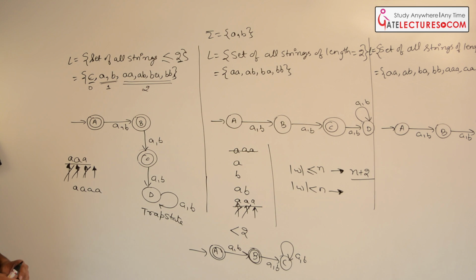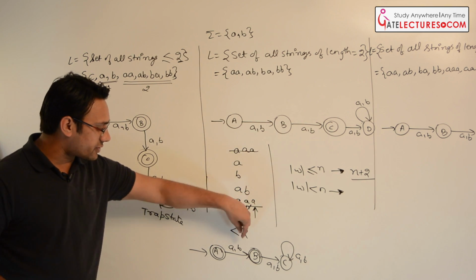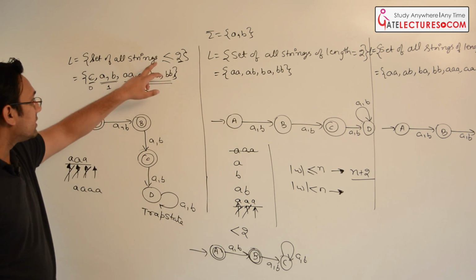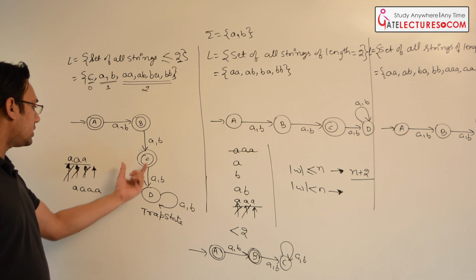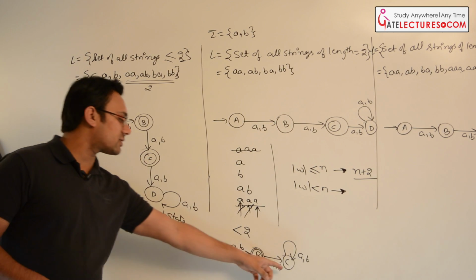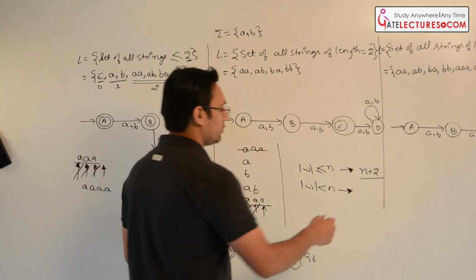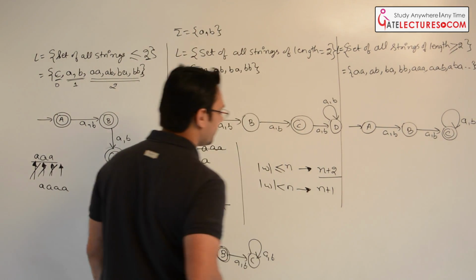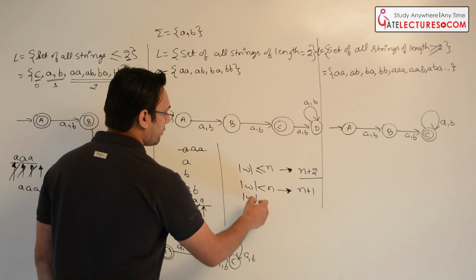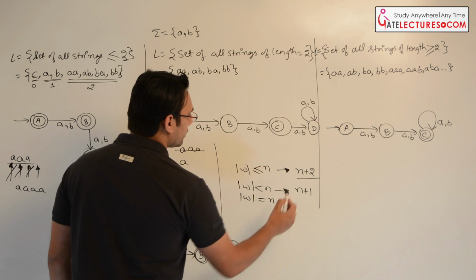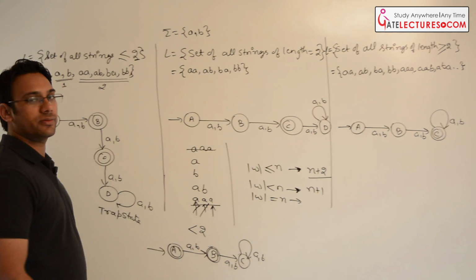So here if the length is less than 2, the number of states is 3. If the length is less than or equal to 2, then the number of states is 4, because here this state will also be a final state, but both the states will merge in this case. That means in that case you will have n plus 1 states. In the same way, if we have strings of length exactly n, in that case we are going to require n plus 2 states.